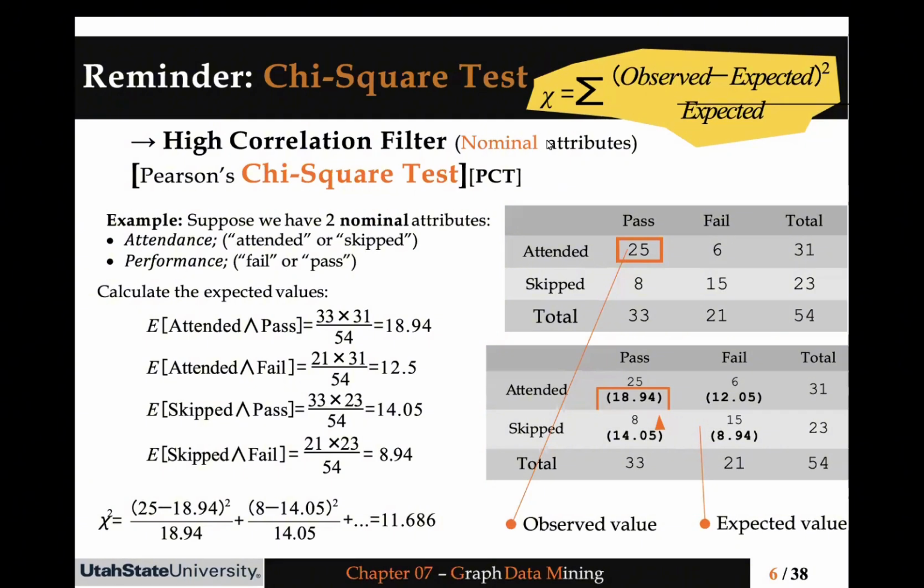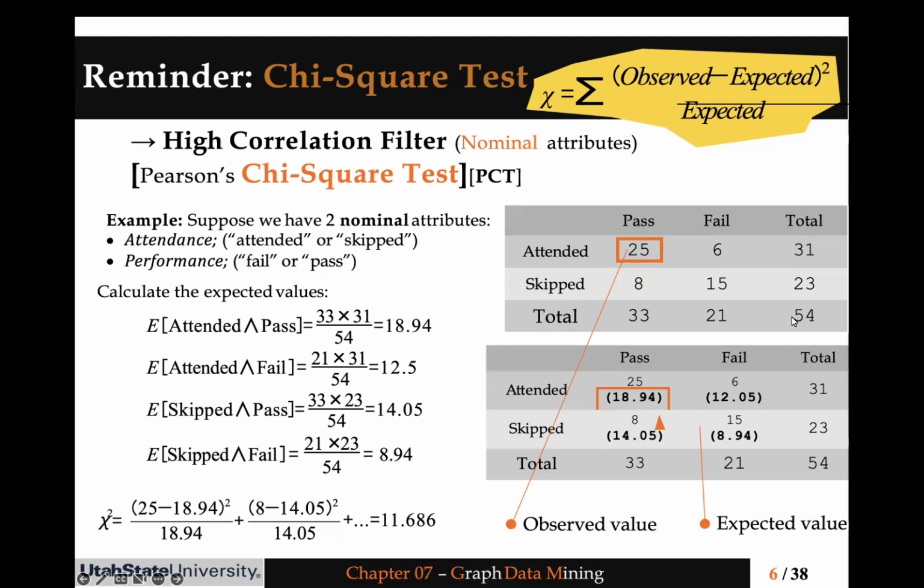In this example, we are testing whether attendance and performance are independent, and the table at the top shows the observed counts. So this is the real data here. For instance, 25 students attended and passed, while 6 attended and failed, 8 skipped and passed, 15 skipped and failed. So the total number of students is 54 from the table that we can see.